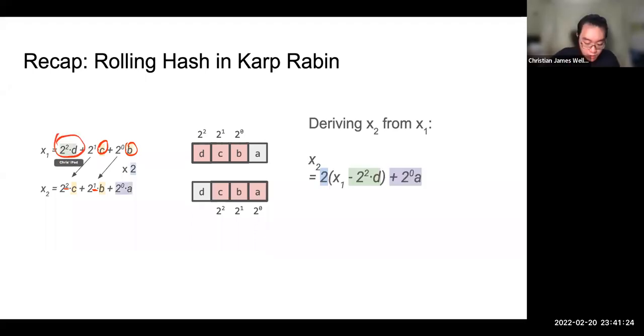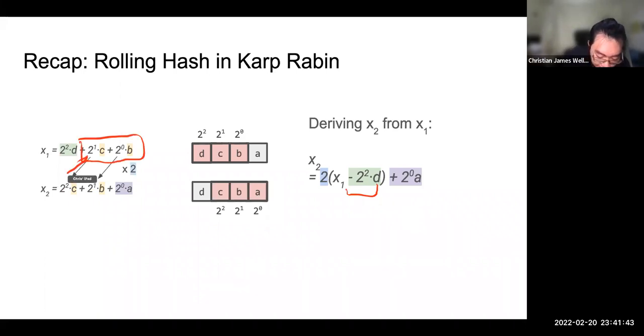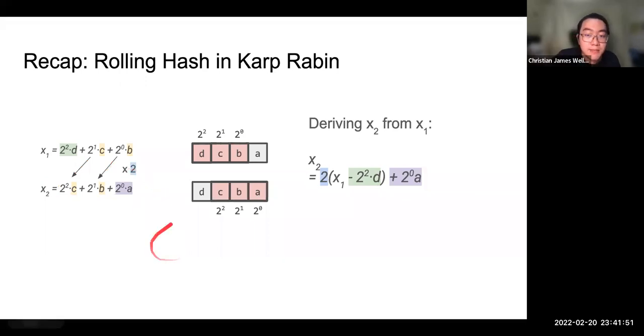So x2 equals: take x1, subtract away 2 power 2 times D, the leftmost term, and you are left with this. Then you multiply by 2 to shift, and then add back 2 power 0 times the new bit. Hopefully you get the gist of this by now.